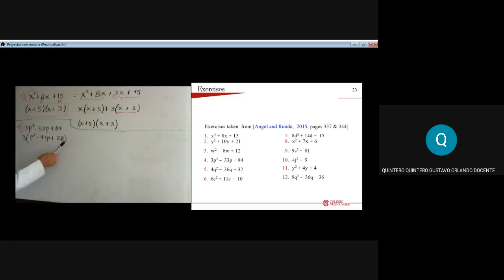We can just apply the same trick we did on top in question number 1. We can find two numbers that when you multiply them give me 28, and when you add them give me negative 11. Negative 11. Remember, the sign is a part of the number. So negative 11.